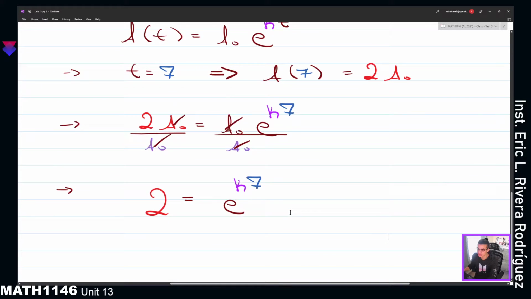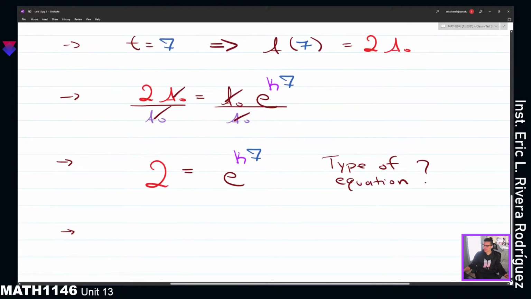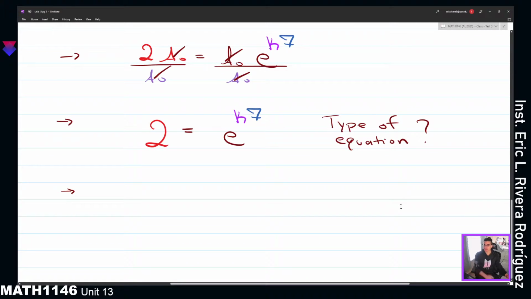Can you tell me the type of exercise that we are going to be dealing with here? What type of equation is this?